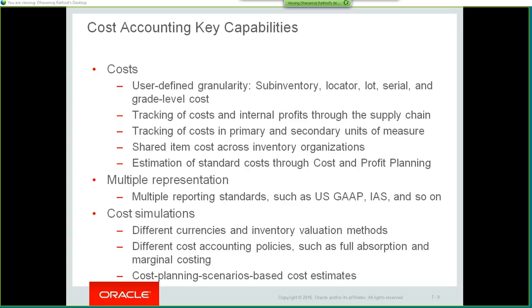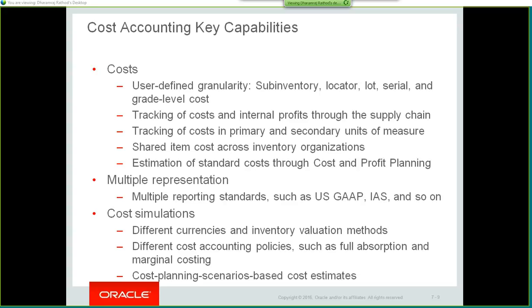multiple representations. It could be your currency could be different. For certain reporting requirements, maybe the cost method could be different. For corporate reporting, you may be using actual cost, and for internal consumption, you may be using average cost, and so on and so forth.